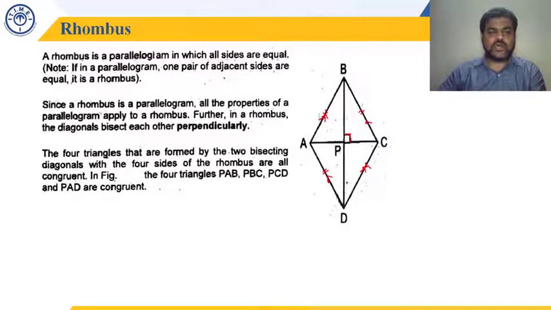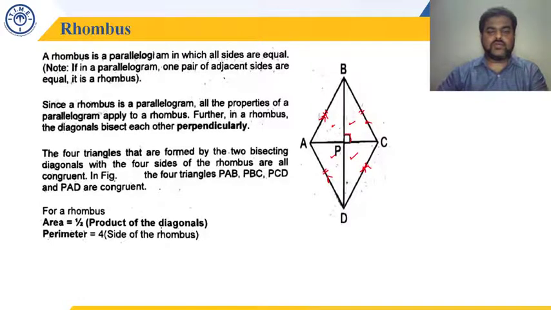So all the four triangles that you see here, this and this, they are all congruent and they will have equal areas. Fine. So all these four triangles that I showed you in the figure will have equal areas. They are all congruent triangles.